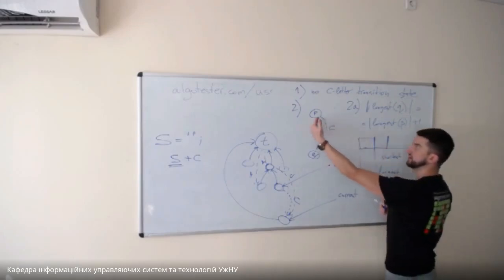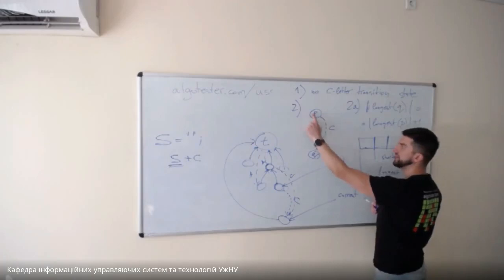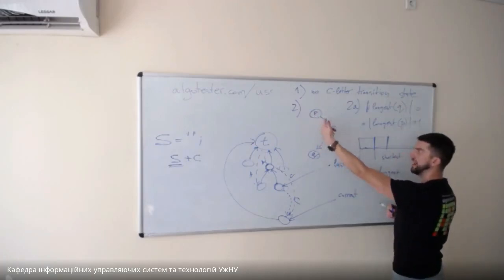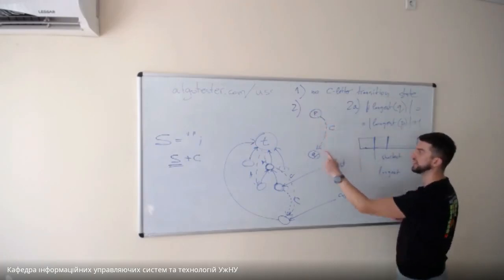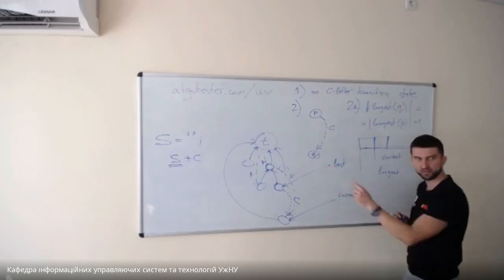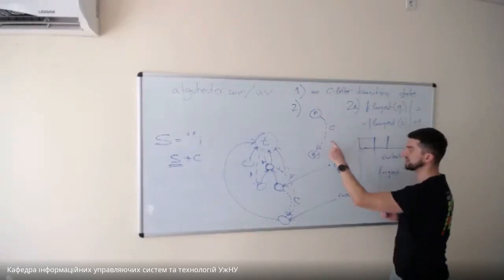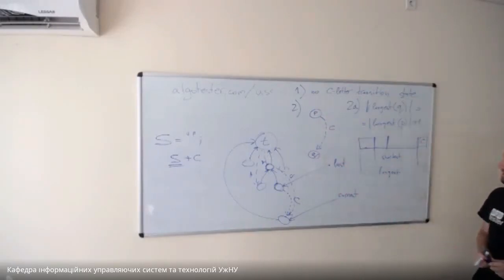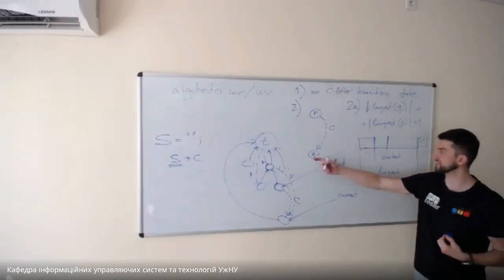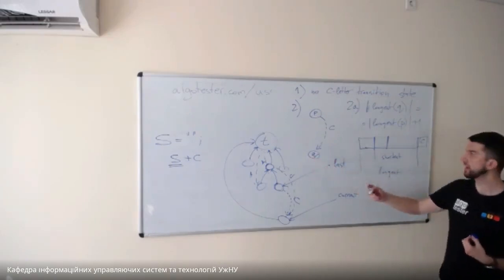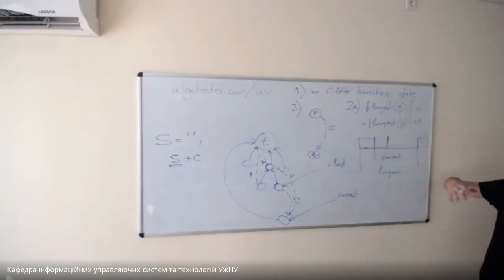For every substring in P, we add a letter C, and there must be this substring plus letter C in equivalence class Q. But of course, it can be wider.